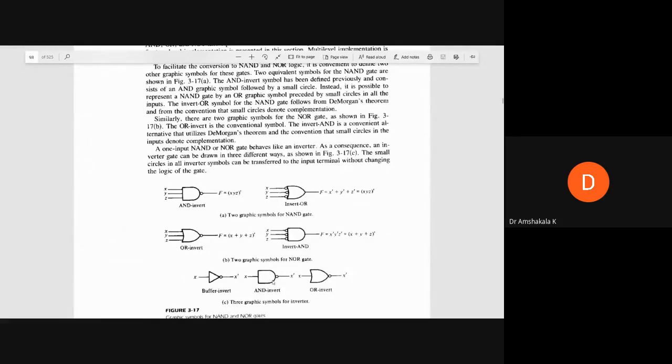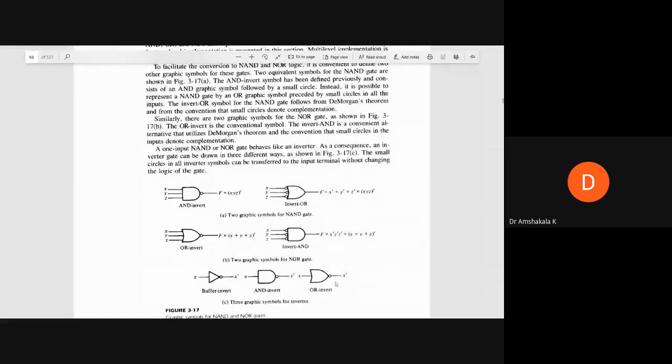So when X is given as a single input to a NAND gate, we get the complement of X. It works like a NOT gate as well. Coming to the NOR gate, X given as a single input is X plus X the whole dash. X plus X is always X, so it gives X dash. So the NOT operation is realized using NAND as well as NOR. Is that clear?